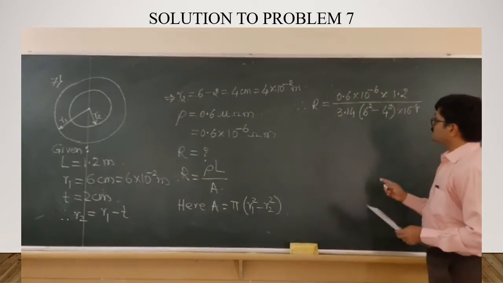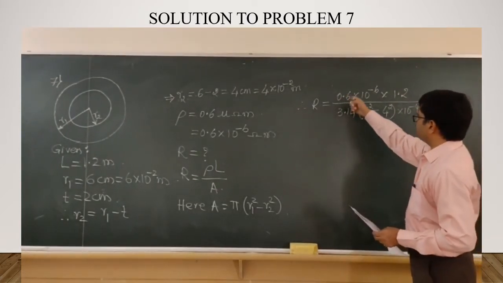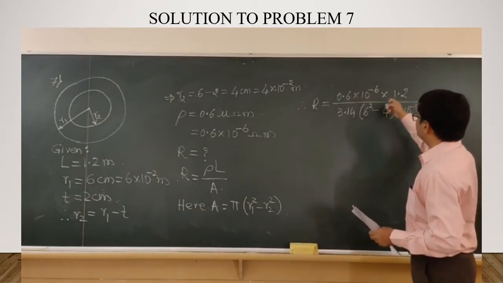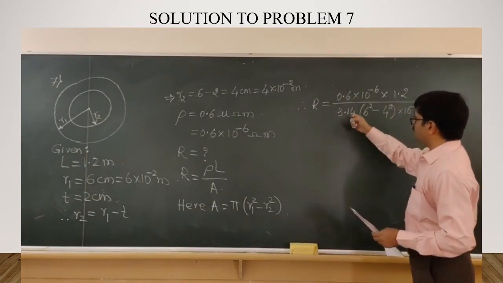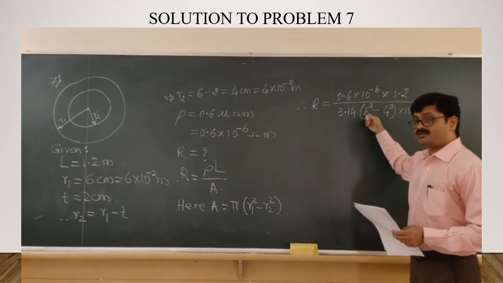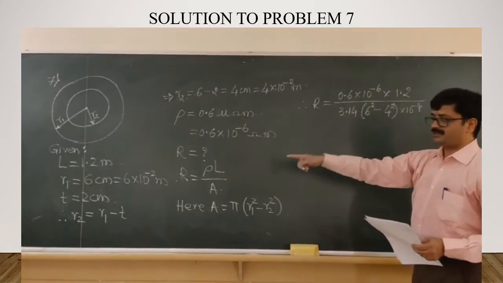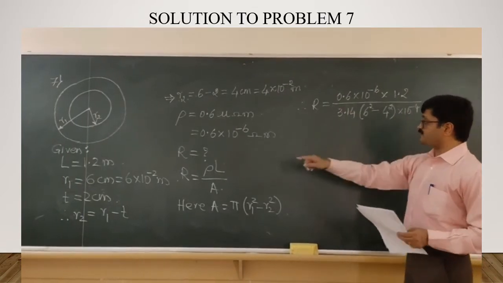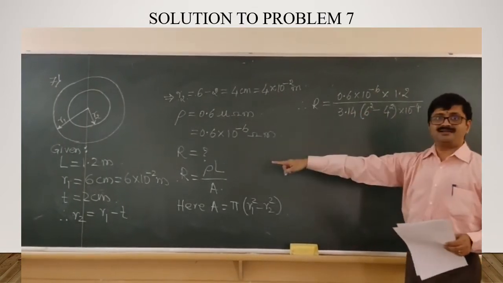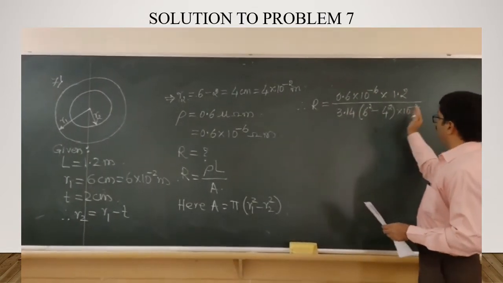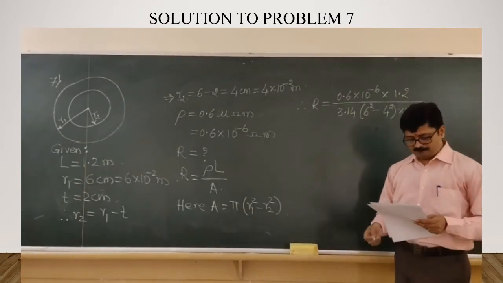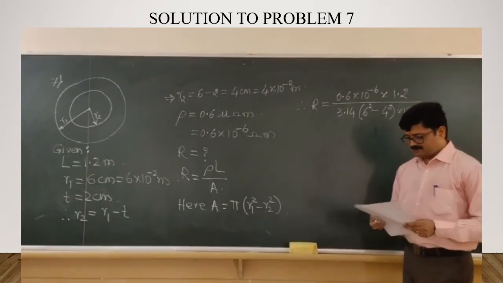Fine. So 0.6 into 10 raised to minus 6 into 1.2 divided by 3.14 into 6 square minus 4 square, whole multiplied by 10 raised to minus 4, because 10 raised to minus 2 whole square is 10 raised to minus 4. I have taken the common factor out. Okay, so we have obtained it like this.